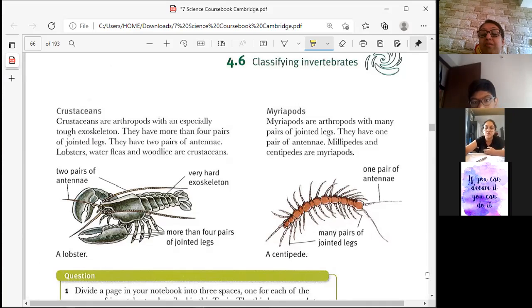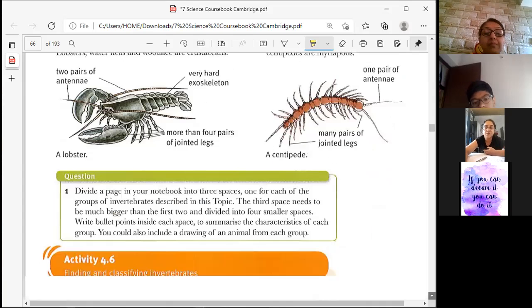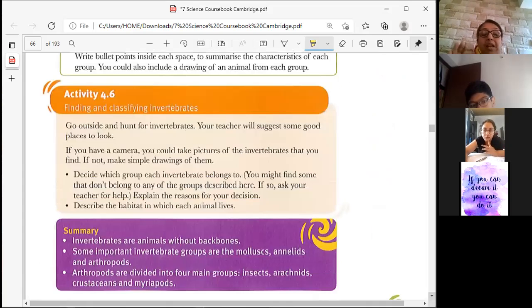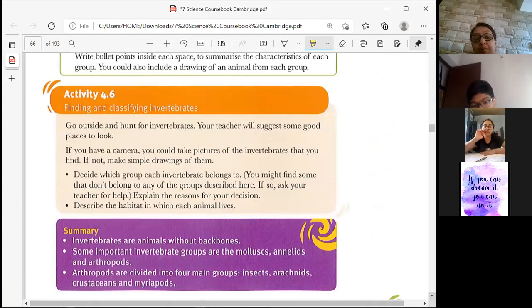So have you understood well till here the classification of invertebrates? See, your textbook only talks about these particular groups, so even I am going to talk about only these particular groups. I have made you write the first point: invertebrates are animals without backbones. Have you written it down?